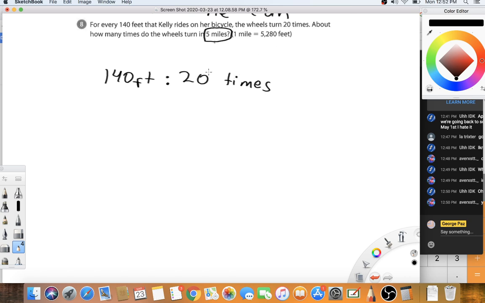Yeah, we can't do it like this. We can't use this ratio. So I can't multiply feet to get this many feet. Or I could, I mean, I can say, hey, what do I multiply the 140 to get to 5,280 feet?